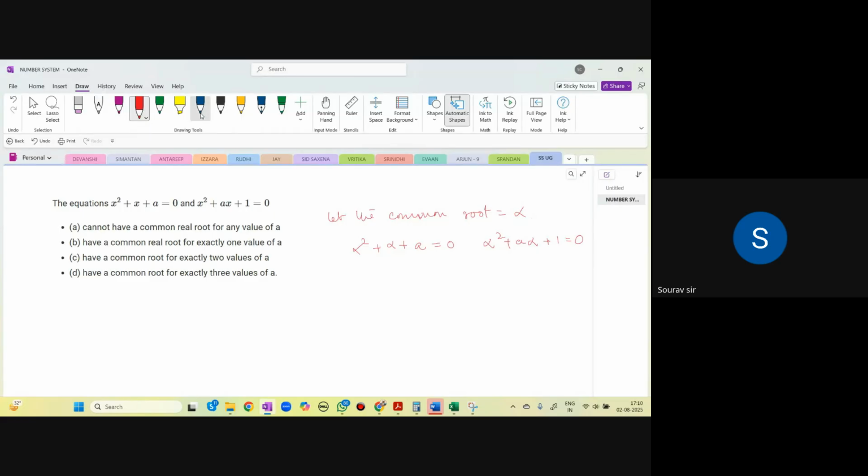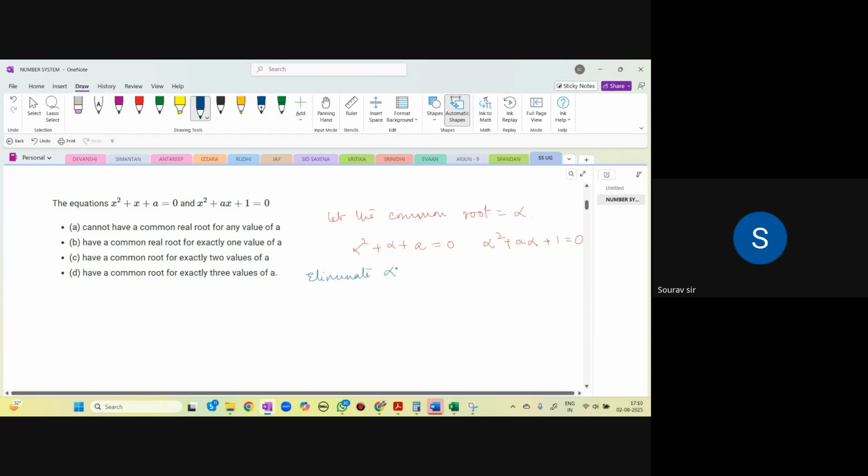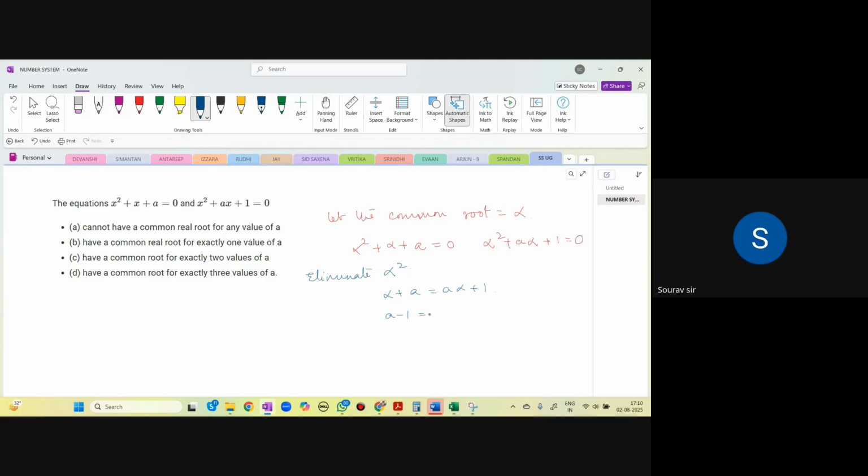So first, eliminate alpha square. If I eliminate alpha square, I can straight away equate the rest of it. That means alpha plus A equals A alpha plus 1. That means A minus 1 is A minus 1 into alpha. So what do I get?